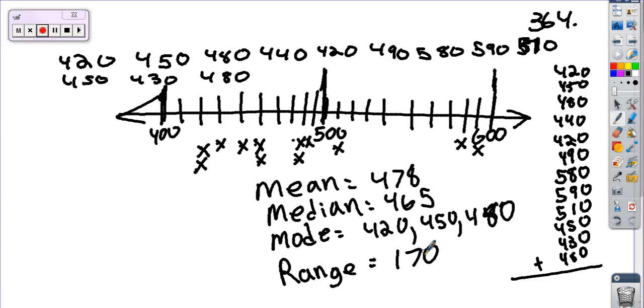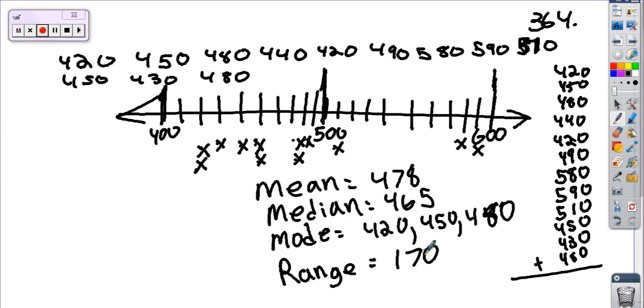Good. Look at C, D, E, and F. C says, which measure would you report to describe the difference between the most electricity used in a month and the least? Would you use the mean, median, mode, or range?